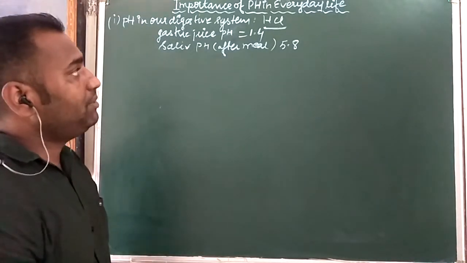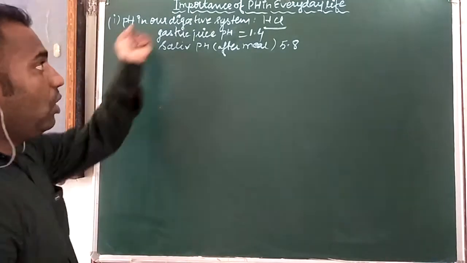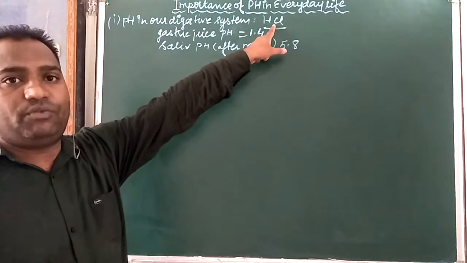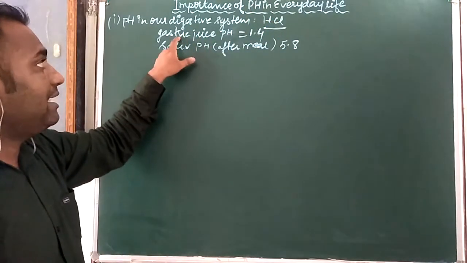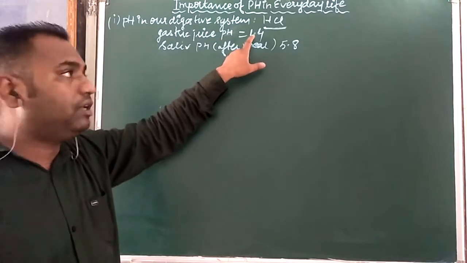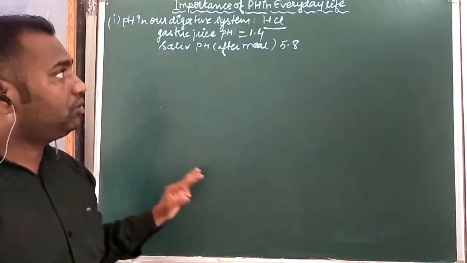So pH has a very important role in our digestive system, because without the decrease in pH, without secretion of HCl, our gastric juice, which has a pH of 1.4, would not be able to digest the food.